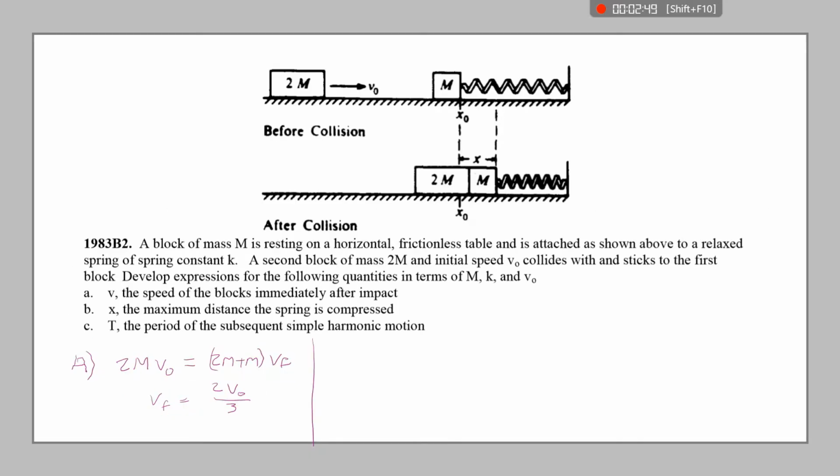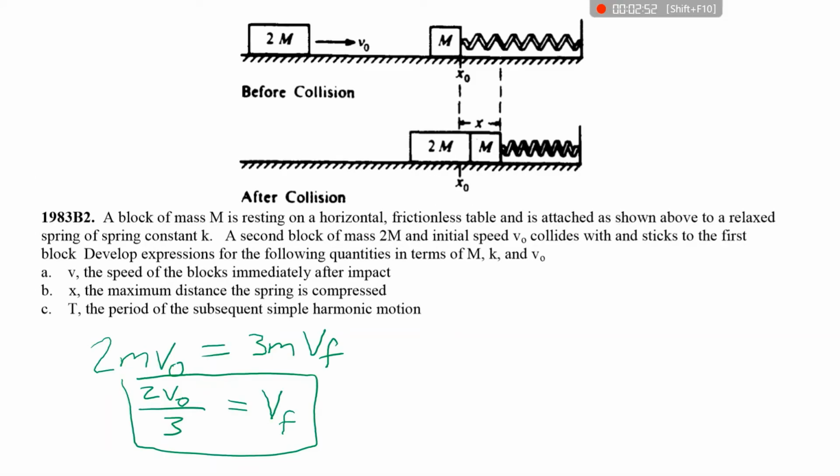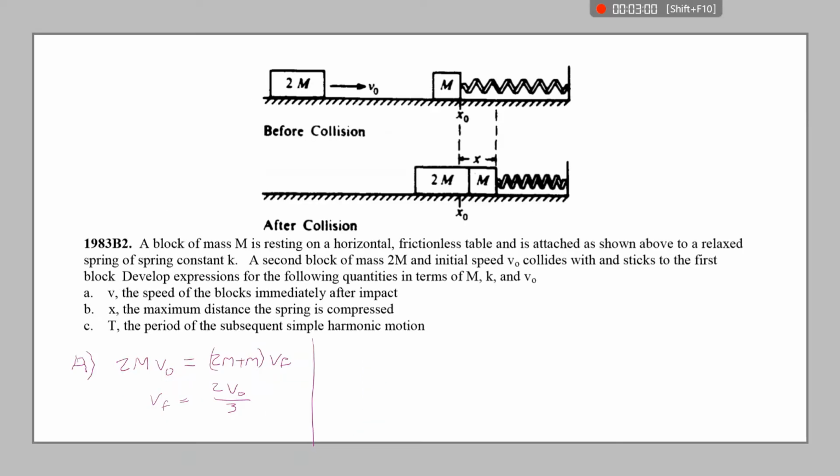Okay. So with that first one done, let's go on to this one. How can I find the maximum distance that the spring is compressed? That's when all the kinetic energy is converted to elastic potential energy, so it's 1/2 mv squared is equal to 1/2 kx squared, but for B we use the v that we solved from A. So what's my mass right now?